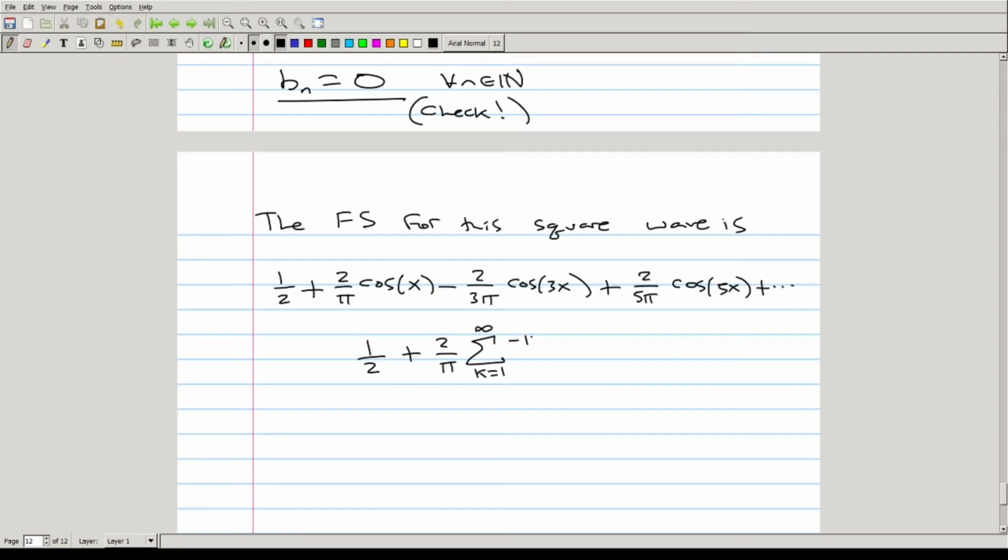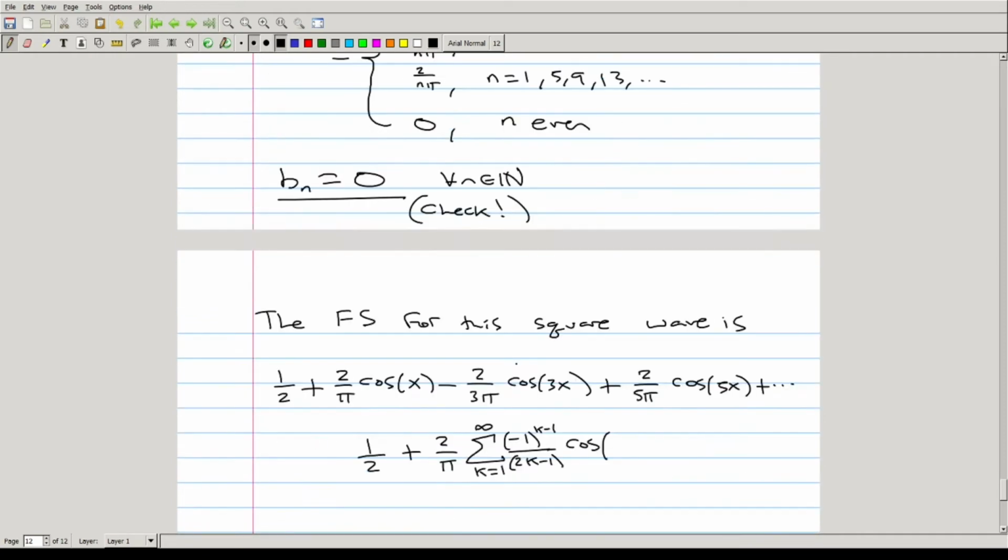This will be negative 1 to the k minus 1 over 2k minus 1 times cosine of 2k minus 1 times x.